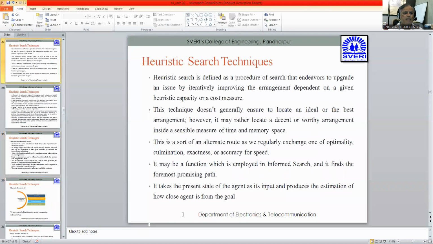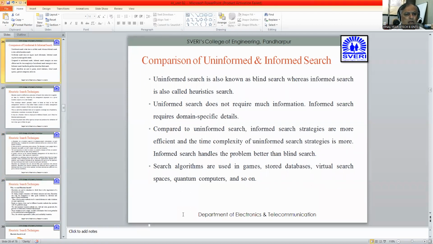Now if you compare uninformed and informed search, uninformed search is a blind search, whereas informed search is a heuristic search. You may get a question asking you to compare these two types of search algorithms, so what will be the points?